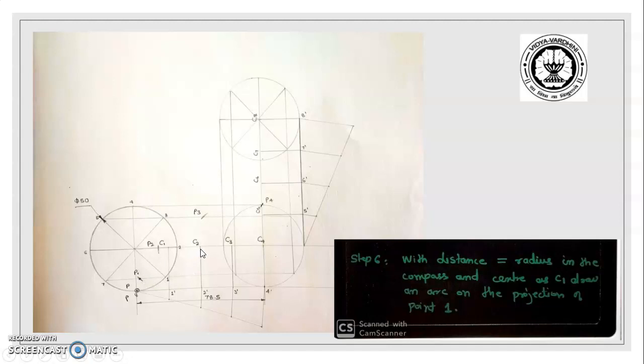Next point will be by center equal to C2 and radius equal to 25 we will cut an arc on the second projection. Next one will be C3 on the projection of 3. Next one will be C4 on the projection of 4. So this way our curve will look like for the first half of revolution.